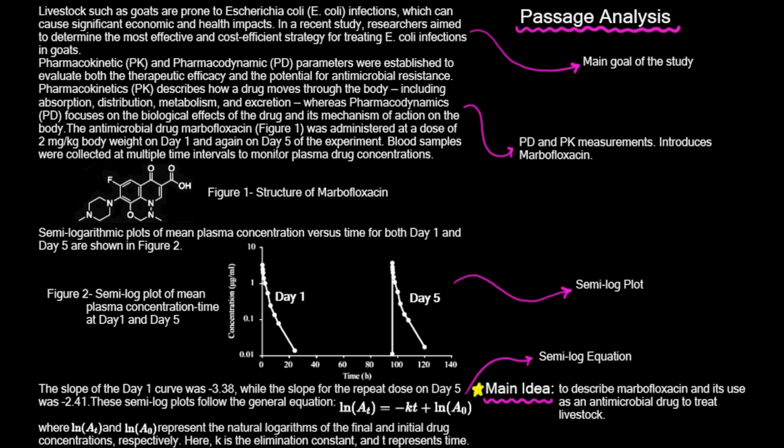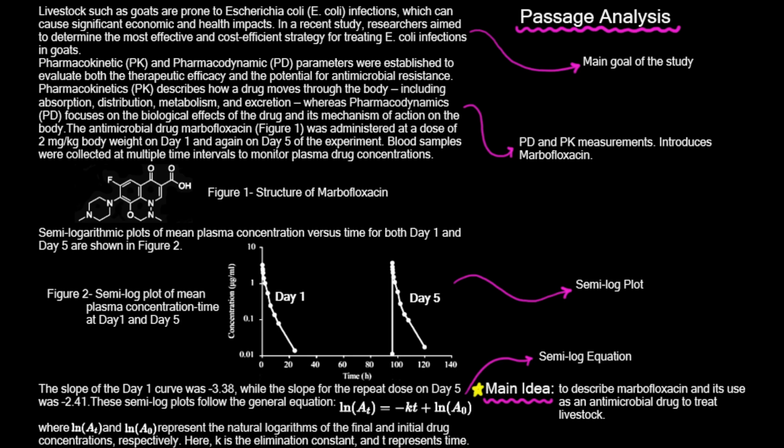The next paragraph says pharmacokinetics (PK) and pharmacodynamics (PD) parameters were established to evaluate both the therapeutic efficacy and the potential for antimicrobial resistance. Pharmacokinetics (PK) describes how a drug moves through the body, including absorption, distribution, metabolism, and excretion, whereas pharmacodynamics focuses on the biological effects of the drug and its mechanism of action on the body.